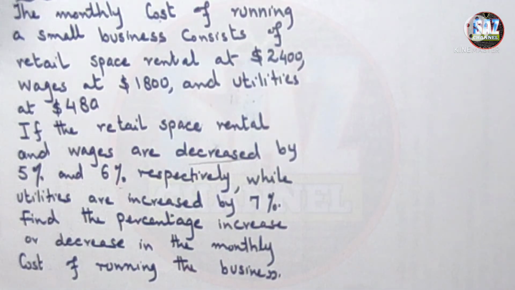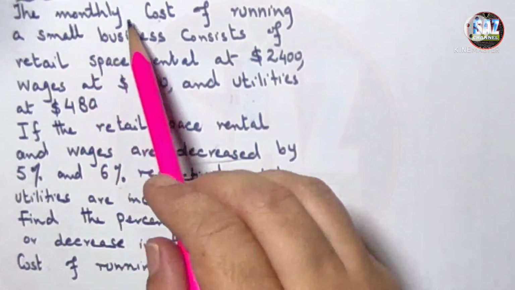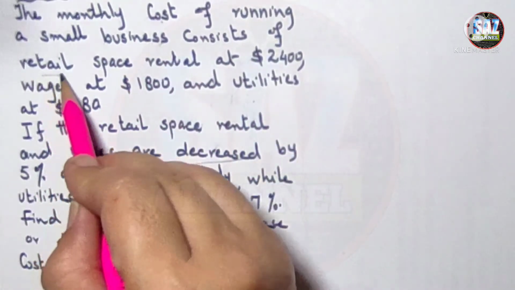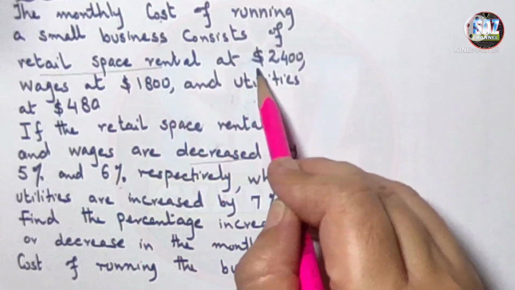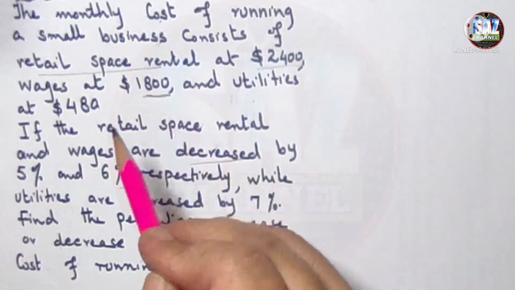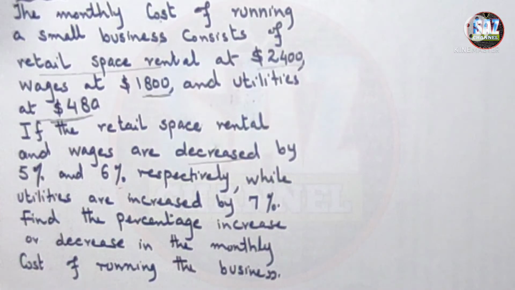Okay, let's read and underline important terms of the question once again. All of my students must hold the pencil while reading the question. The monthly cost of running the small business consists of retail space rental at $2,400, wages at $1,800 and utilities at $480.